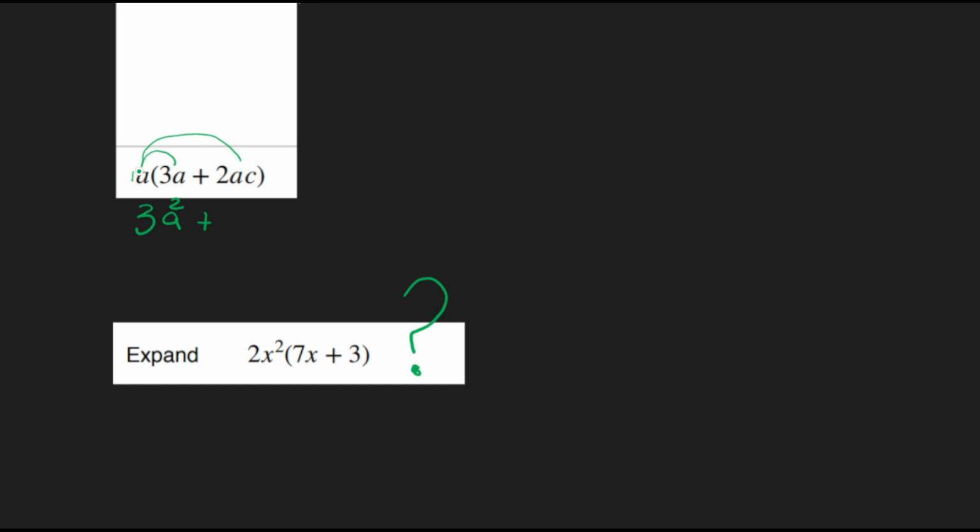So I'll first multiply the numbers. 1 times 2 is 2. a times a is a squared, and then just bring down the c. So it's just that, 3a squared plus 2a squared c. And we finished. If you fully understand this, this is mostly everything when expanding single brackets, nothing more than this.